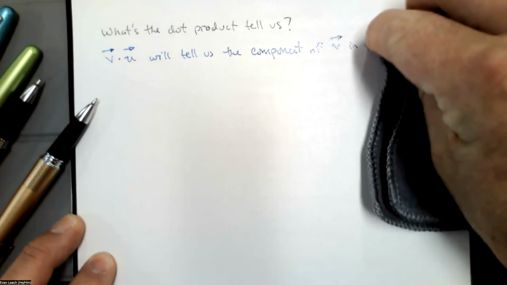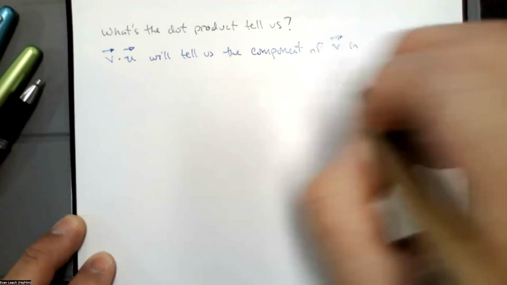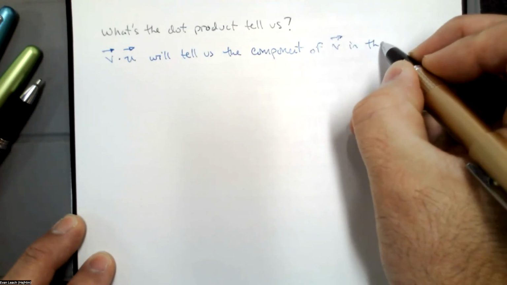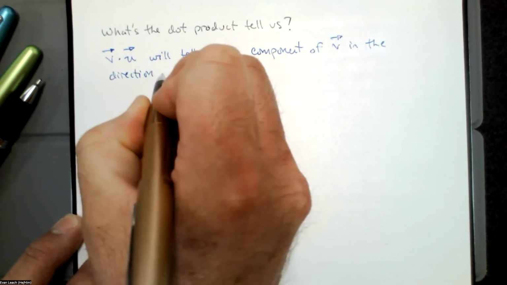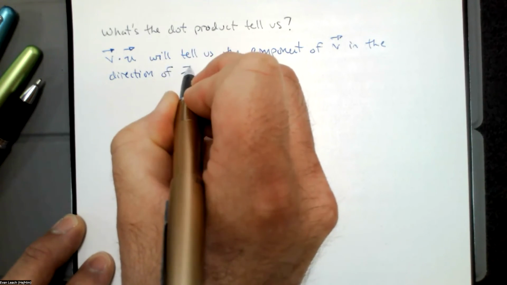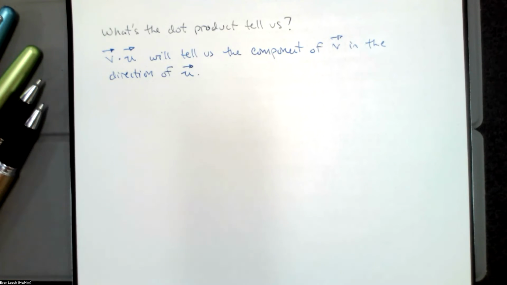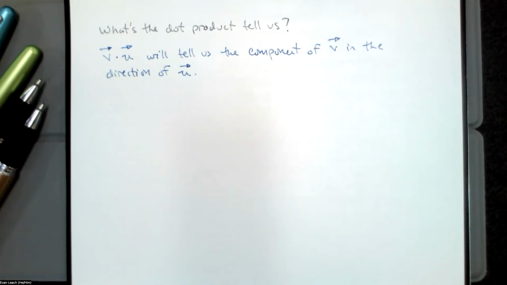And vice versa. It can tell us the component of u in the direction of v.